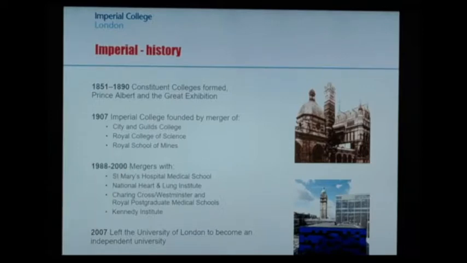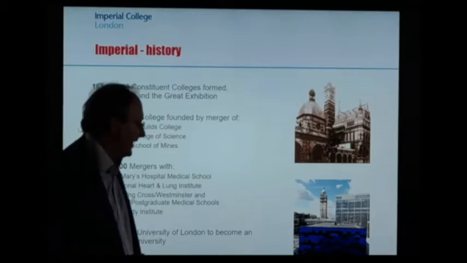All of these then merged formally in 1907 and became Imperial College. Since then we've had a bunch of mergers and we've expanded what we do in terms of medical stuff, so mergers with hospitals. And then in 2007 we formally left the University of London and we became a standalone university.